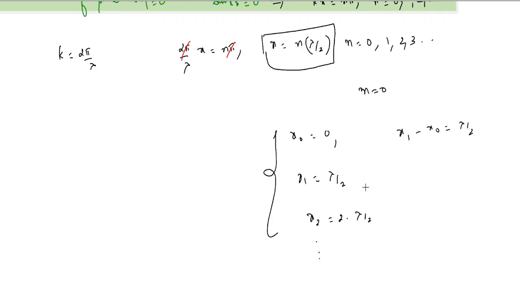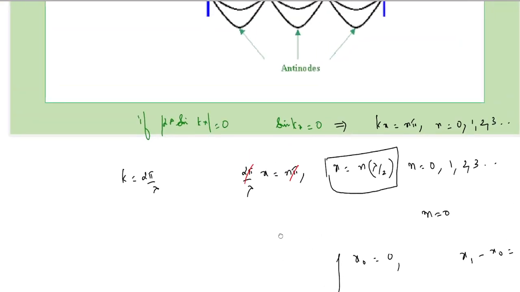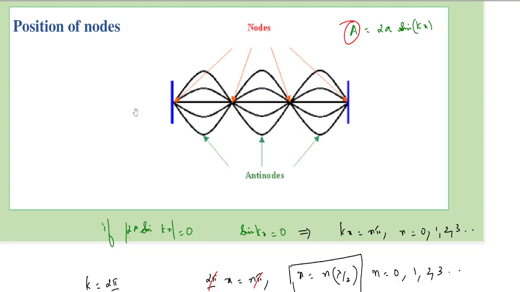lambda by 2. So what it is saying is, when x is equal to 0, we get a node here. When x is equal to lambda by 2, we get a node here. So the distance between this node and this node is lambda by 2.